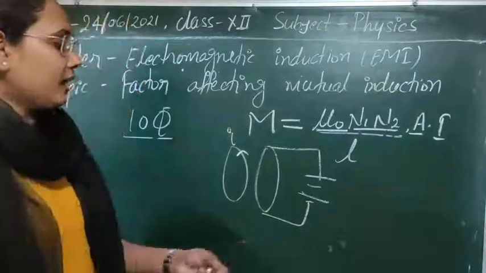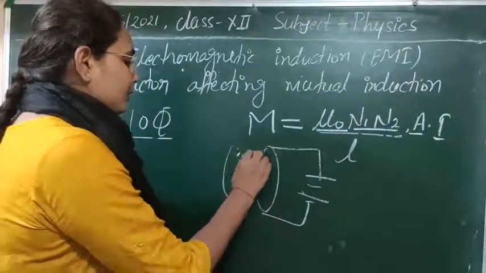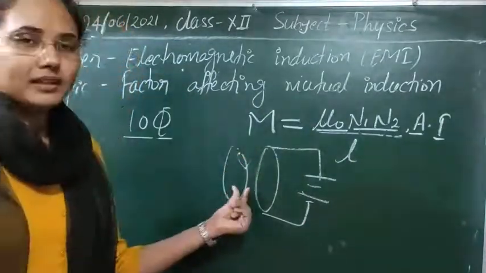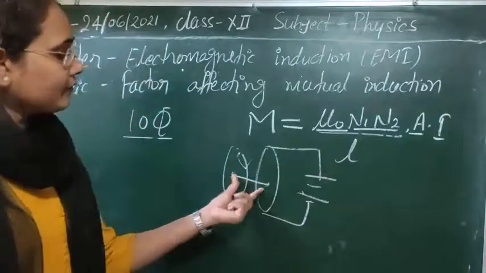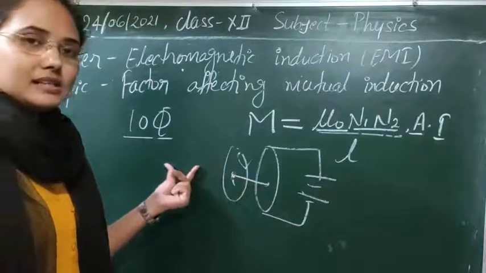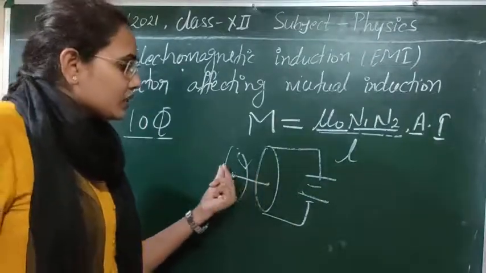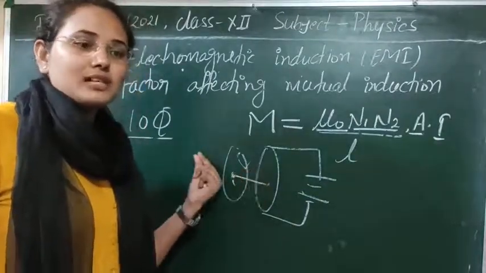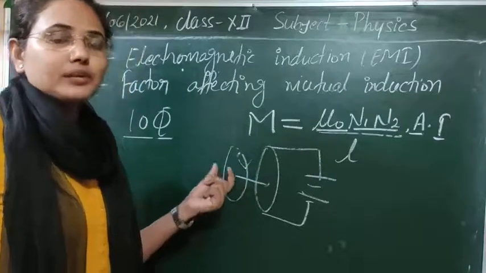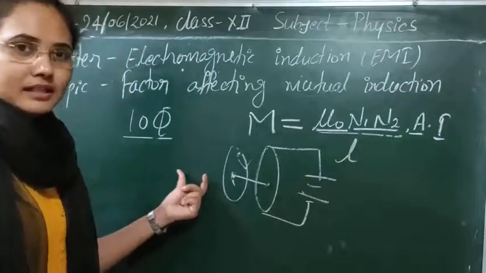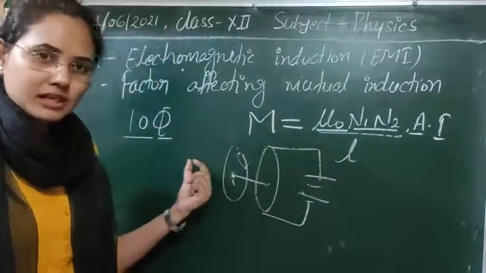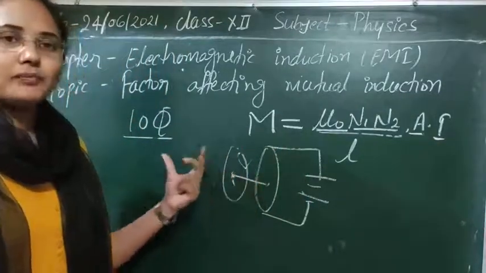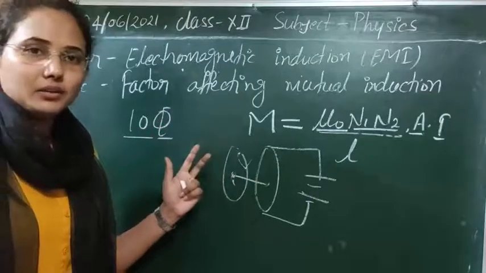If the separation between their centers increases, fewer field lines pass through it and the flux decreases, so the mutual induction decreases. For a sufficiently large distance, the two coils will behave independently of each other.